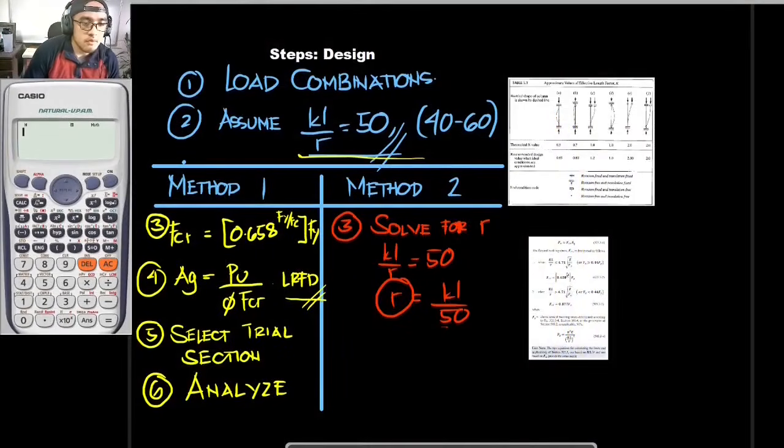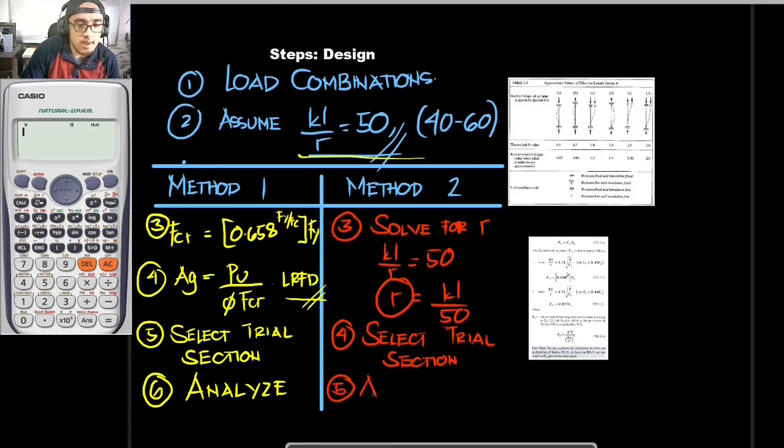Okay, so with that being said, your step 4 would now be to select trial section. So yun yung ginawa natin earlier. Select trial section with the property of your r. And after you have selected your trial section, the last step is to analyze your trial section if it can carry your load combinations.